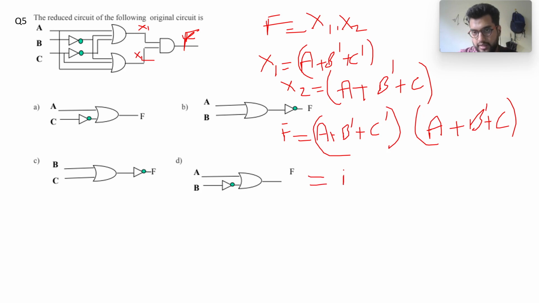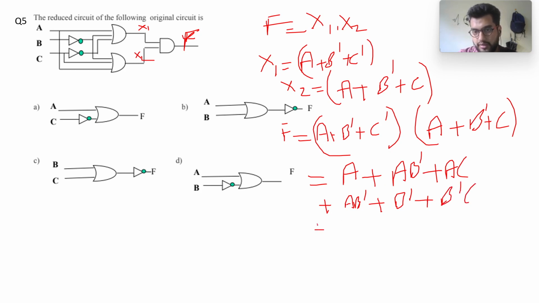Now I'm opening this up. So A dot A is A, plus AB bar, plus AC, plus B bar A which is AB bar, B bar B bar is B bar, and then we have B bar C. Then this thing is AC bar plus B bar C bar.